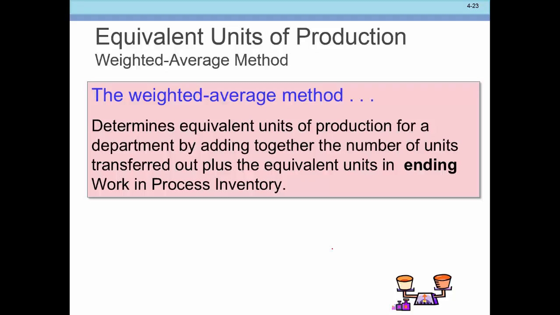Once we know that cost per unit, we will know how we should cost the items that are being transferred out of one department into another, or out of our last processing department into what? Into our finished goods. That's where we're going with this.